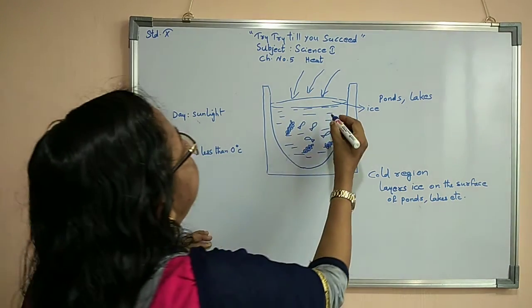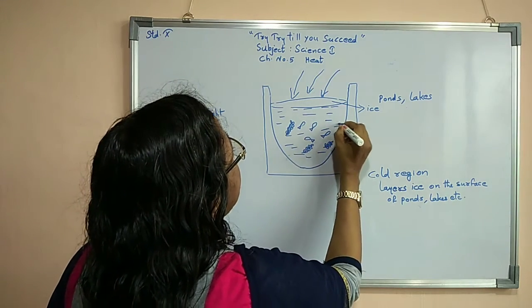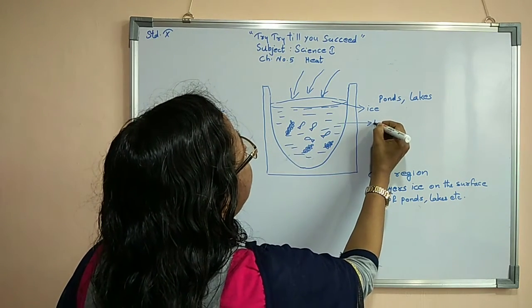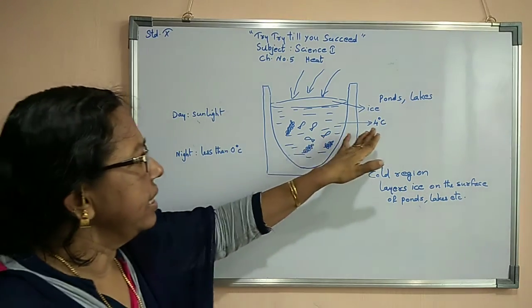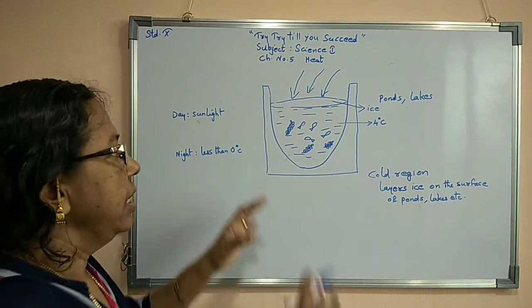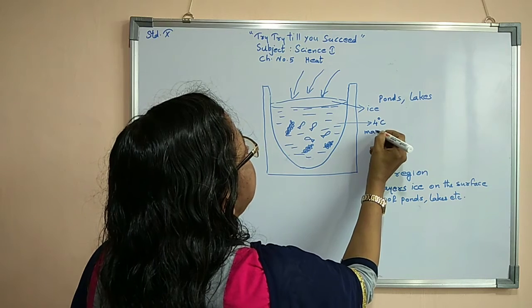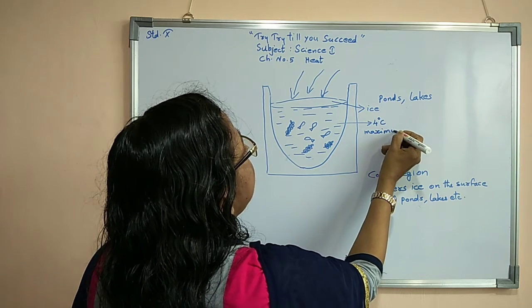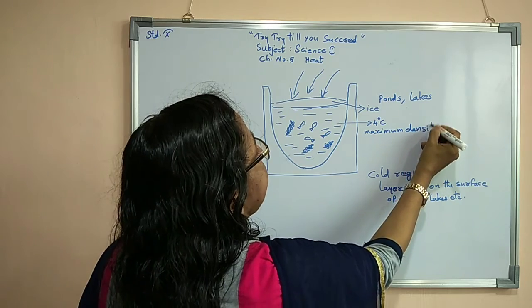As a result of it, the temperature of the water decreases up to 4 degree Celsius. Once its temperature becomes 4 degree Celsius, during that particular time maximum density will be there to the water. Water is getting maximum density.